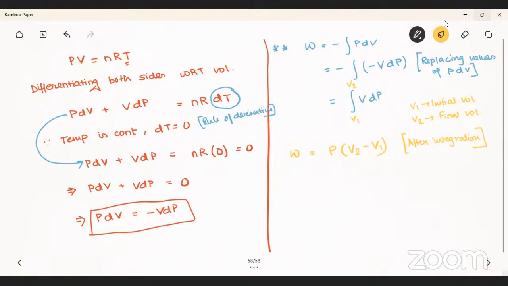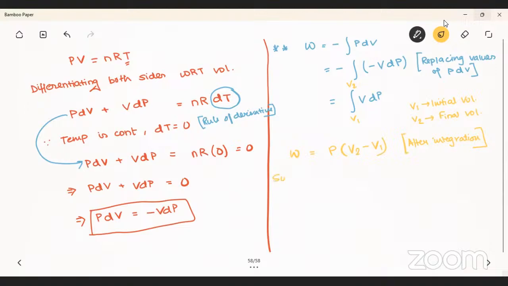Okay. So now we can substitute the ideal gas law in the given equation. Yes or no? Yes, ma'am.